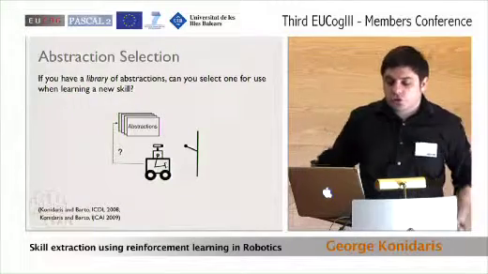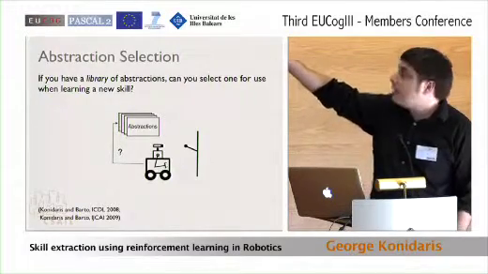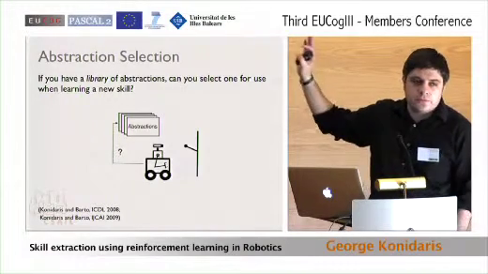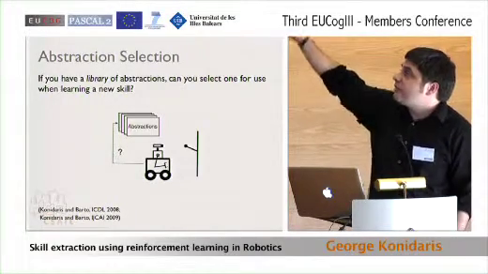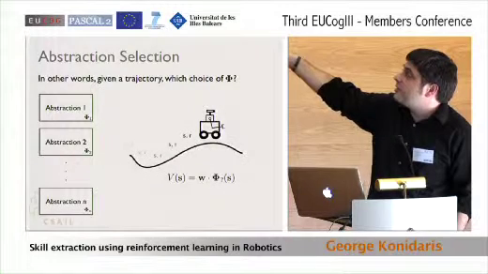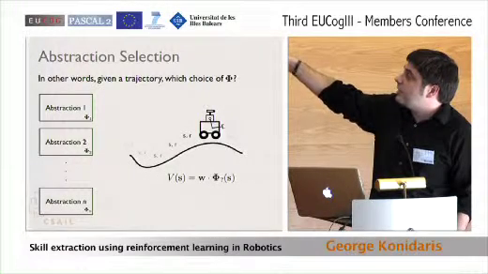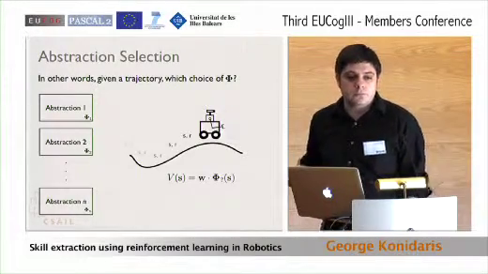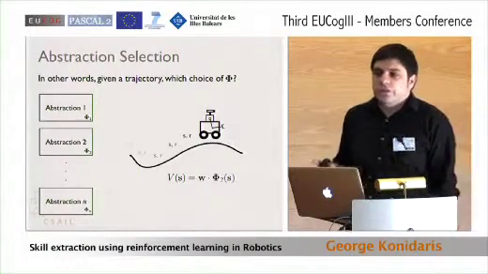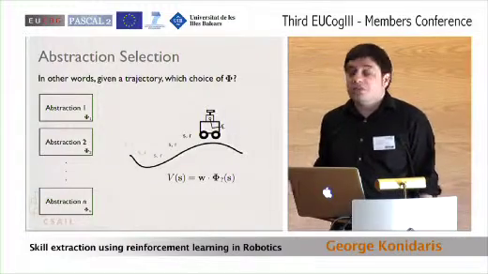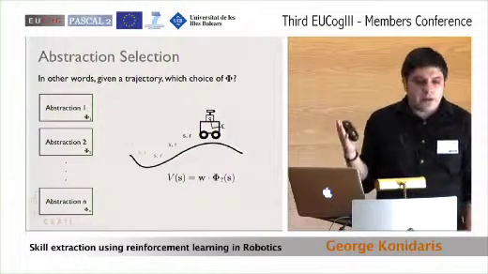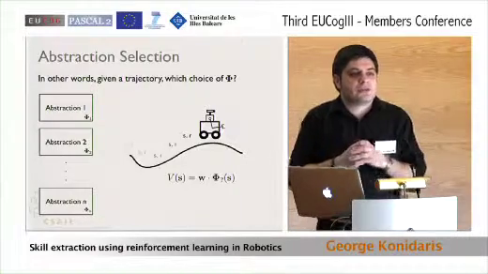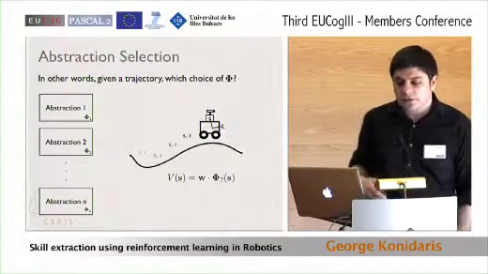So in other words, given a trajectory, which set of basis functions, because I should have mentioned earlier, we're doing linear value function approximation just for this example, should I use to represent the reward function represented by the trajectory I've just experienced? If you do machine learning, this is familiar to you as a model selection problem. It's all about how you represent a function given some input and output pairs of that function. Which model should you select to represent it?